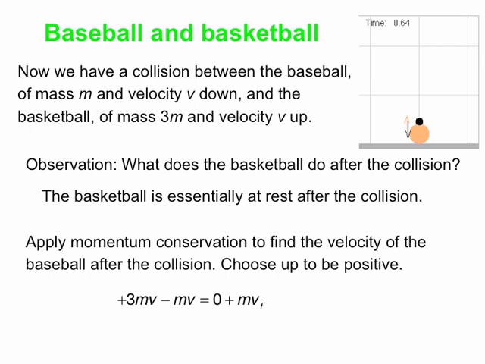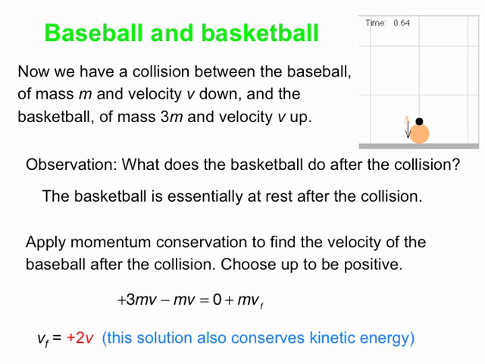If we put in the fact that the basketball's velocity after the collision is 0, we get just the baseball moving after the collision, with mass m and some unknown velocity vf. On the left-hand side you have a total of plus 2mv, and mvf on the right-hand side, so you conclude that vf is plus 2v.